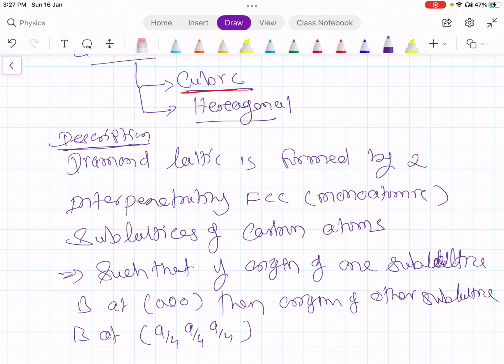So you can see here the difference between the NaCl type and the diamond type. NaCl is also FCC diatomic, and diamond is also FCC diatomic. But in NaCl, there are two basis atoms, one is sodium and another one is chlorine, and if one sublattice is at 0, 0, 0, then the other is at a by 2, 0, 0.